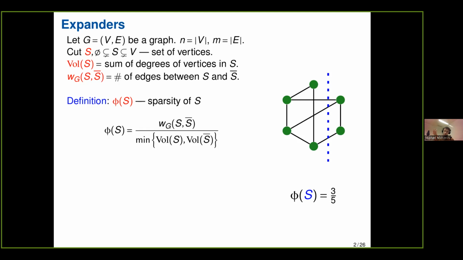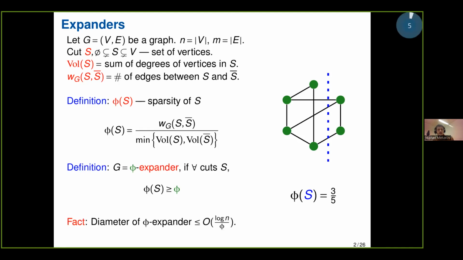So the sparsity is 3/5. We say that graph G is a phi expander if for all cuts in G, their sparsity is at least phi. Expanders have a lot of useful properties. One that will be useful for us in this talk is that the diameter of phi expanders is bounded by O of logarithm of n divided by phi.